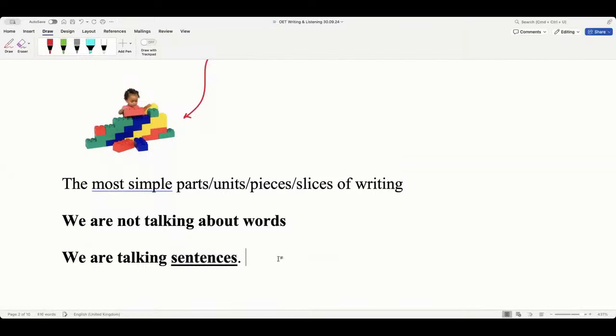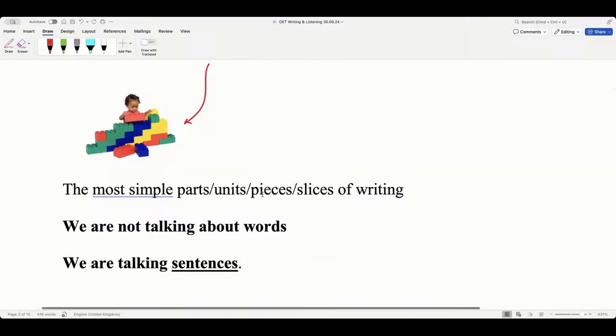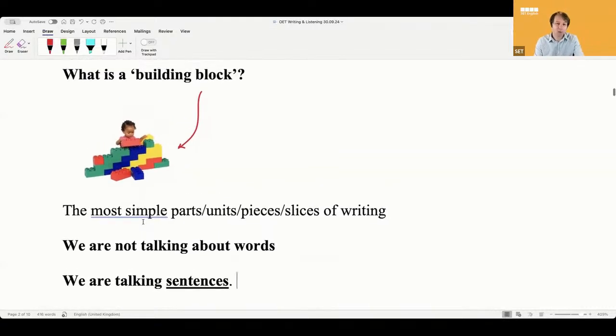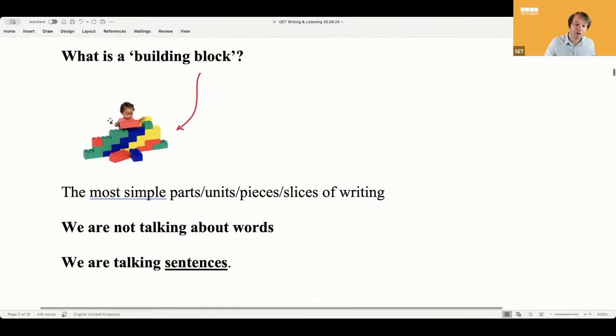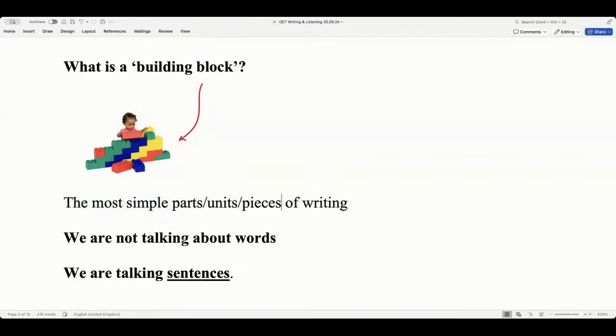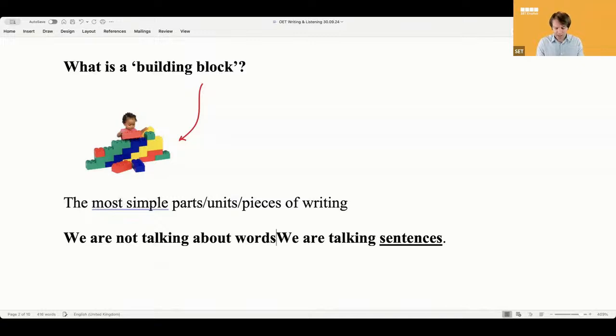Yes, for example relative clauses like this. Yeah, this is what we're talking about today, guys, okay? I just want to go slowly to make sure everyone understands, okay? So the most simple parts or units or pieces of writing. We are not talking about words. We are talking about sentences, okay?